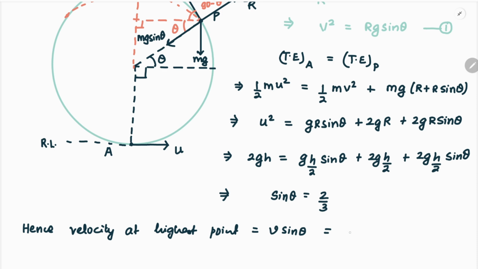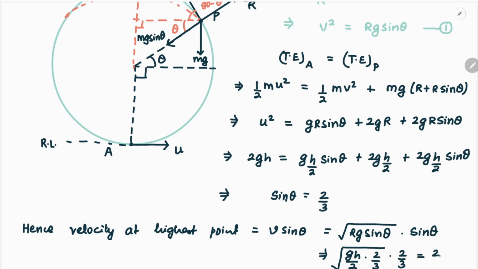So v sin theta can be written as root over gr sin theta, and again we have the sin theta term. So g is equal to h by 2, g h by 2, sin theta is 2 by 3, root over, times 2 by 3. So over here on solving, we obtain 2 by 3 root gh by 3. Root gh by 3. So this is the required answer for this particular problem that we have solved. Problem number 1.136, which is also the 19th problem in this series.